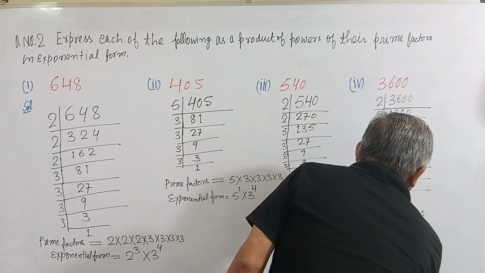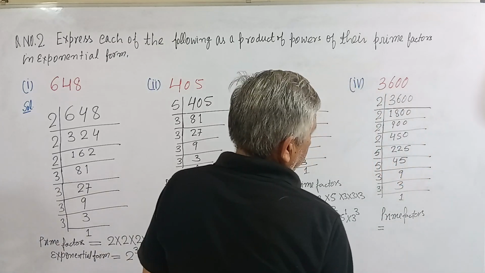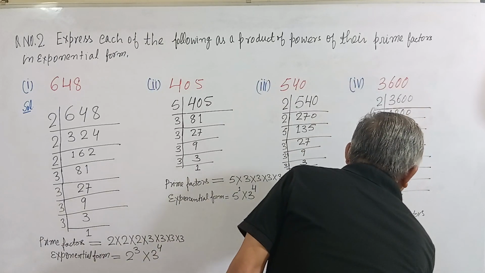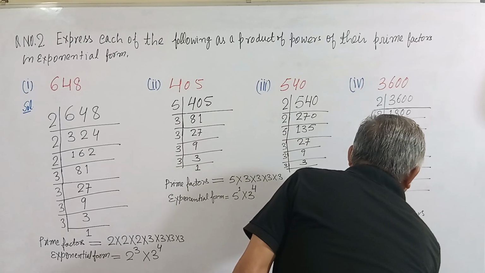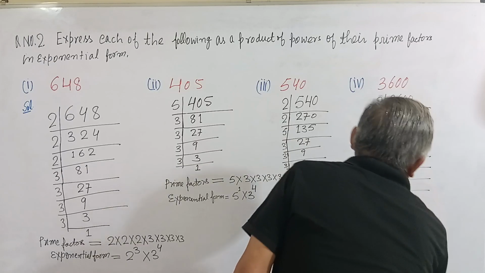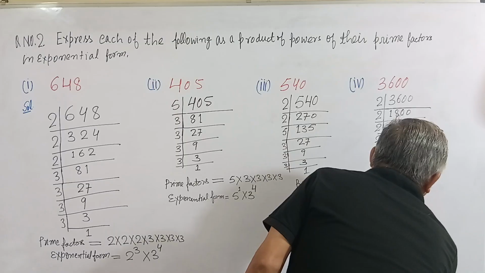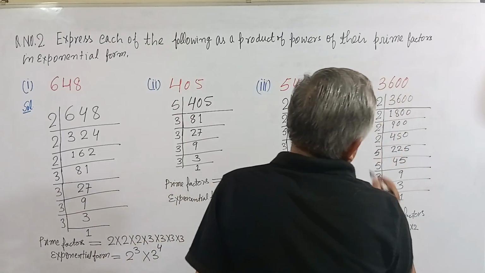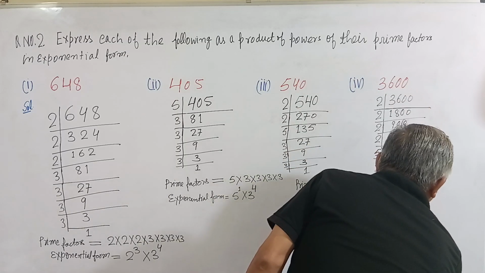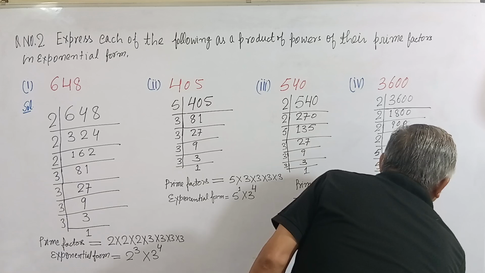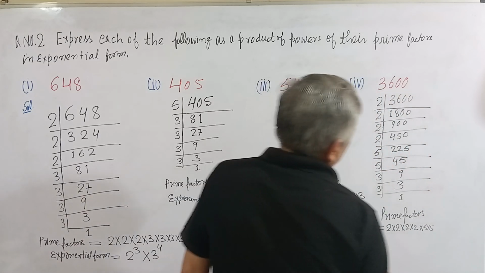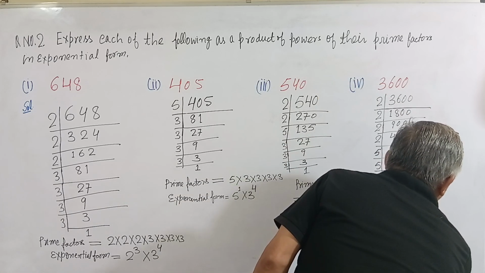Prime factors equals to 2 into 2 into 2 into 2 into 5 into 5 into 3 into 3.